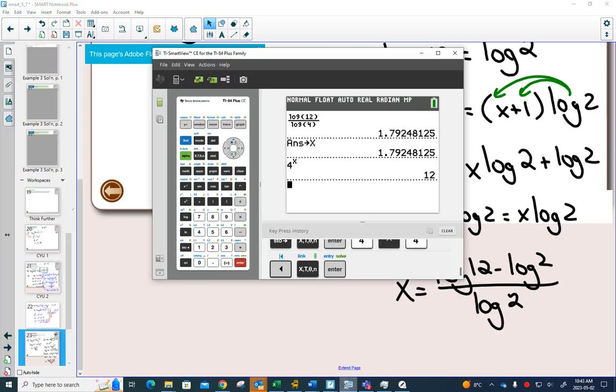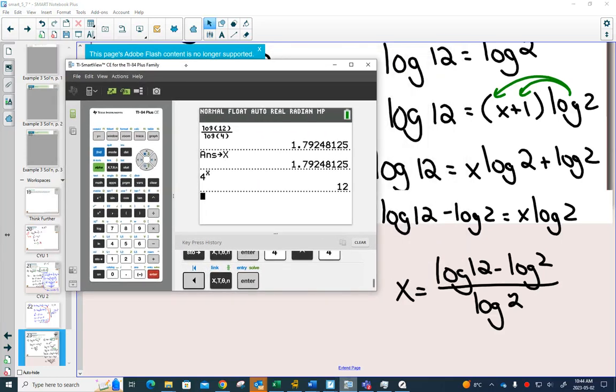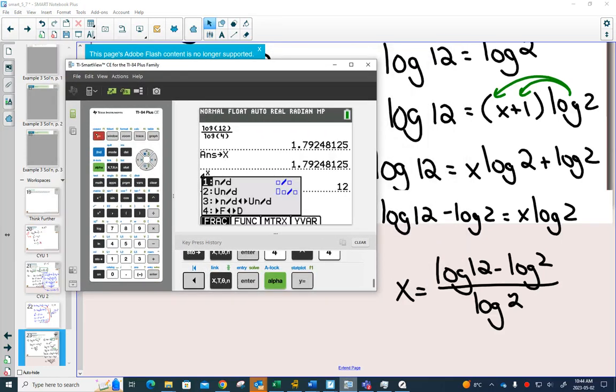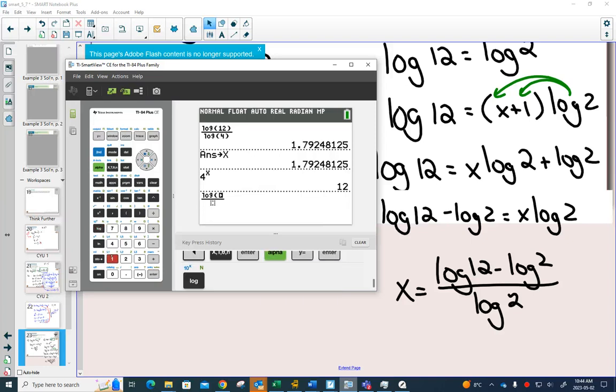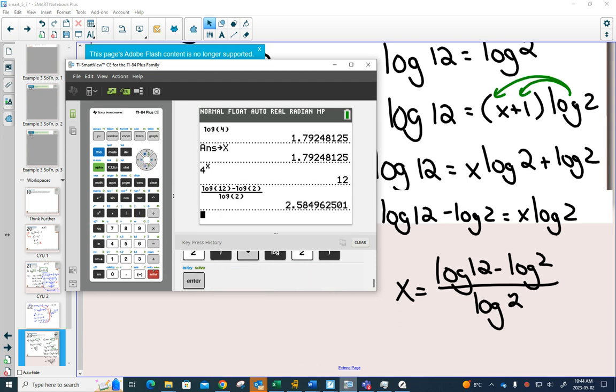And once again, we can take out our calculator. We can enter this in to check: log 12 minus log 2 divided by log 2. We get our answer at 2.58.